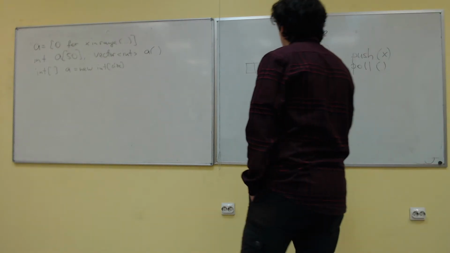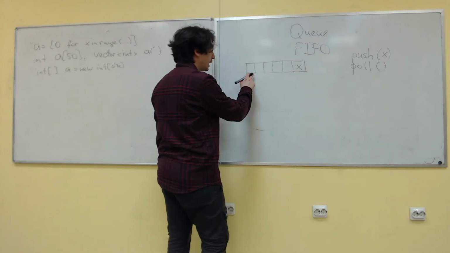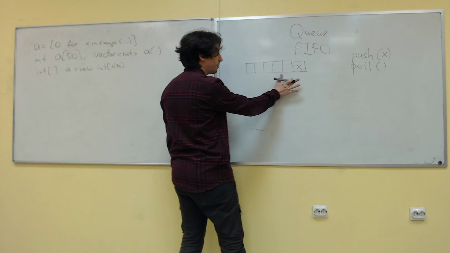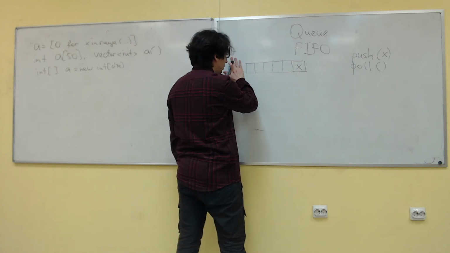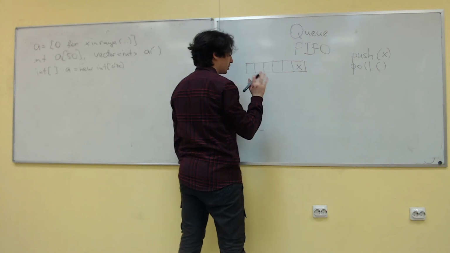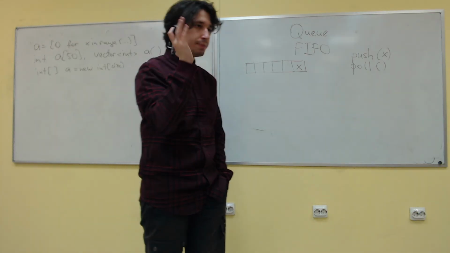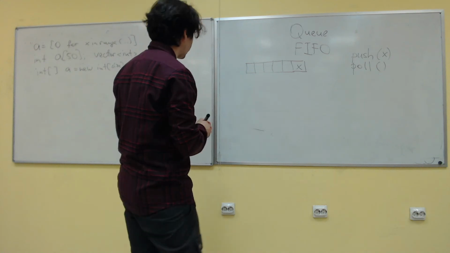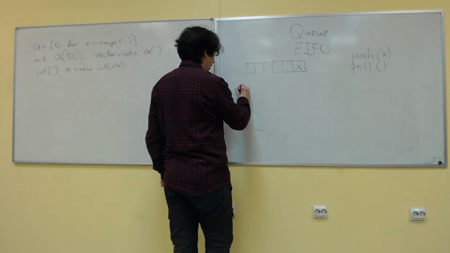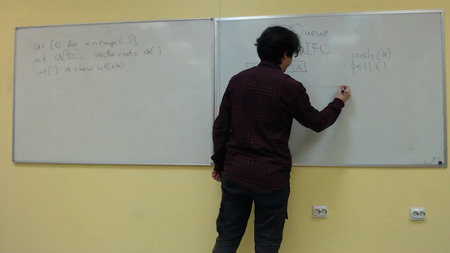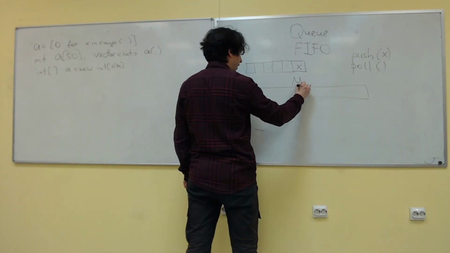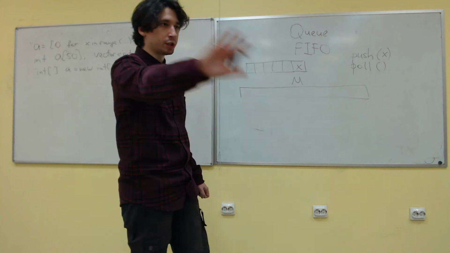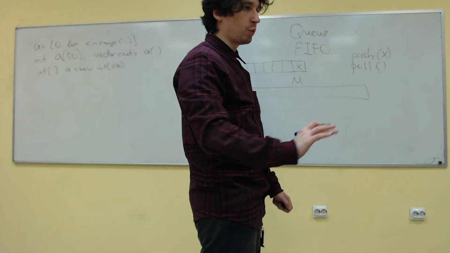As you can see, this queue can grow infinitely to the right, and it's removing from the left. So let's start from the simplest implementation possible. We create a very large array with length m, where m is the total number of elements that ever will be stored in the queue.